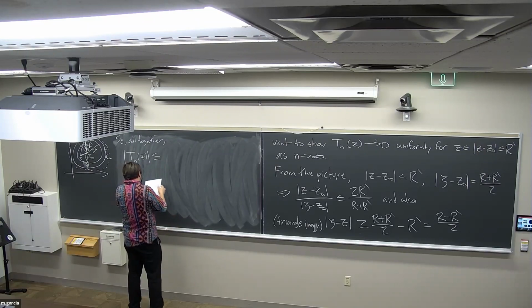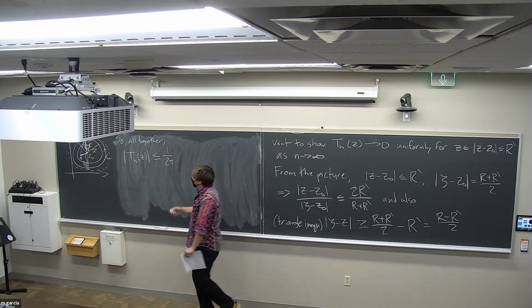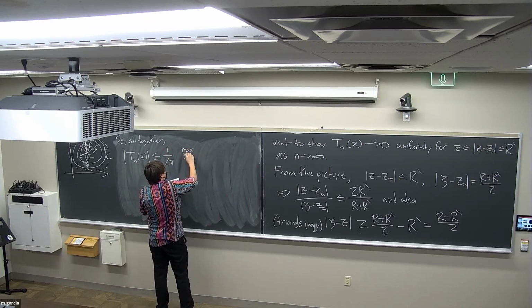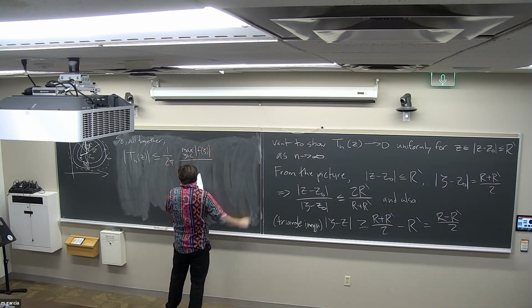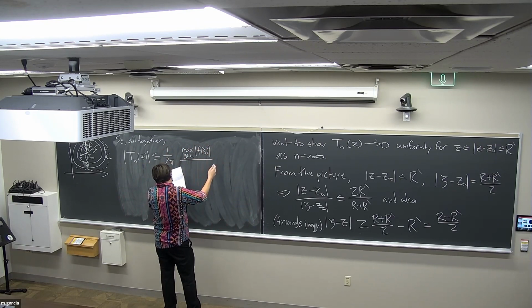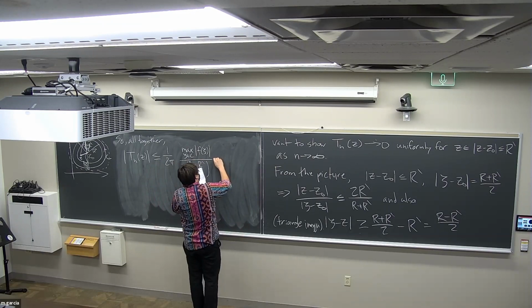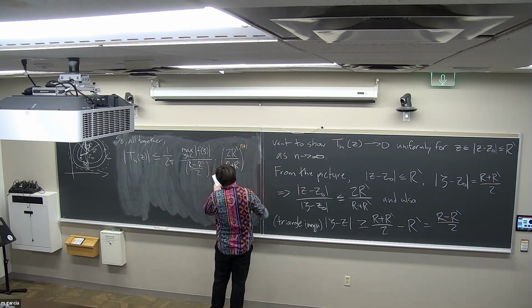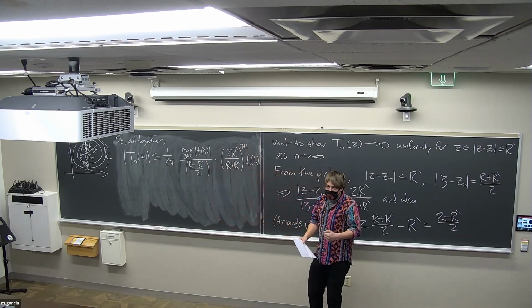It is less than or equal to 1 over 2 pi, this being the constant up front of the integral, where the i turns into modulus 1, times the maximum over zeta on C of the modulus of f of zeta, divided by r minus r prime divided by 2, times 2r prime divided by r plus r prime to the n plus first power, times the length of C. And this goes back to the one and only bounding theorem that we stated for integrals.